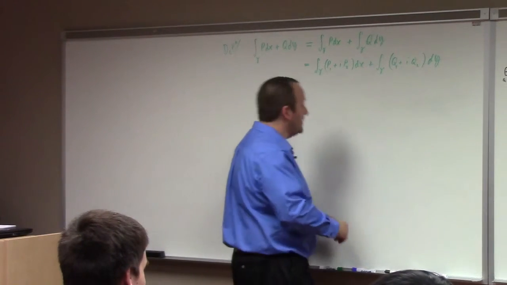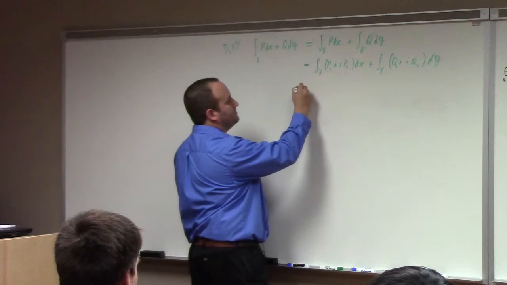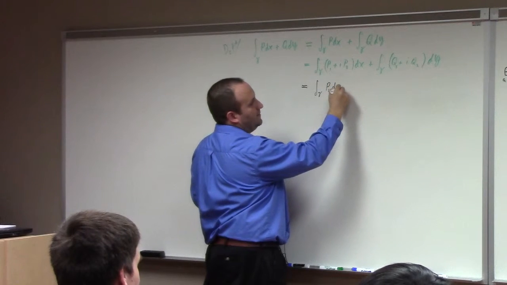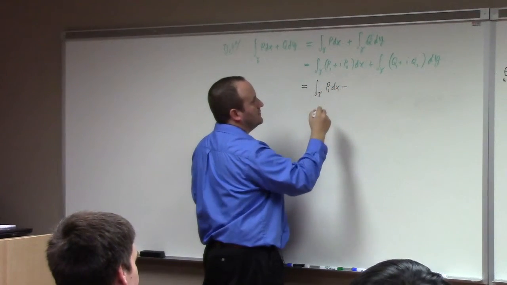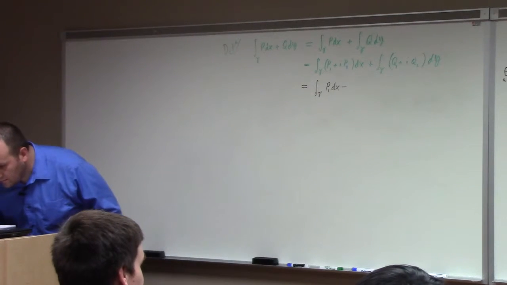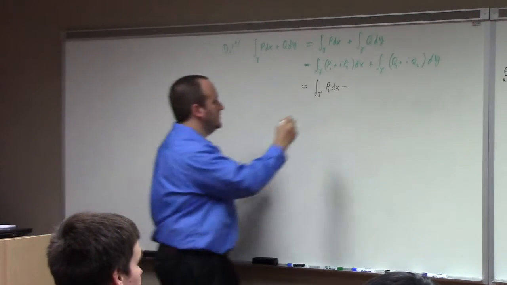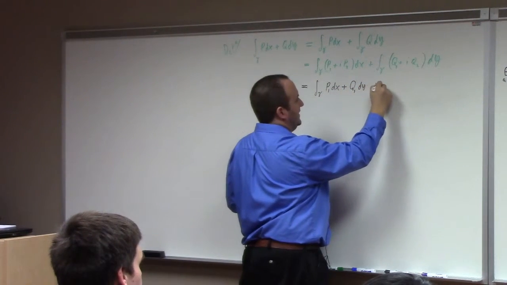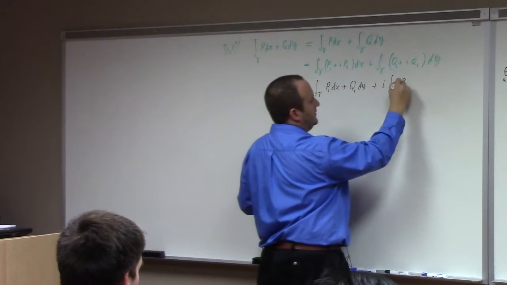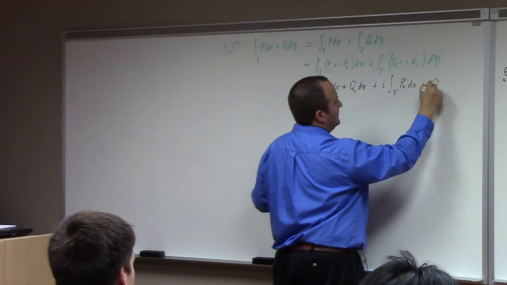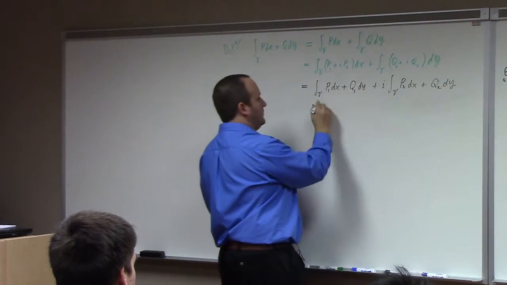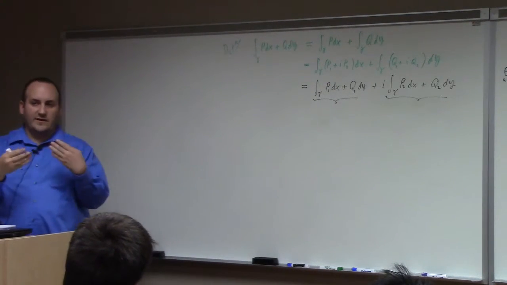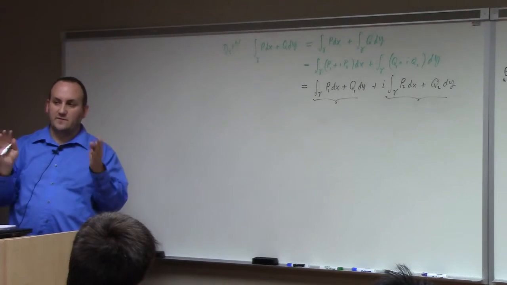All right. So then you can reorder this as the integral over gamma of P1 dx plus Q1 dy, plus i times the integral over gamma of P2 dx plus Q2 dy. Now, what I have just put under brackets here are honest-to-goodness garden variety line integrals from Calculus 3, because you have real functions.